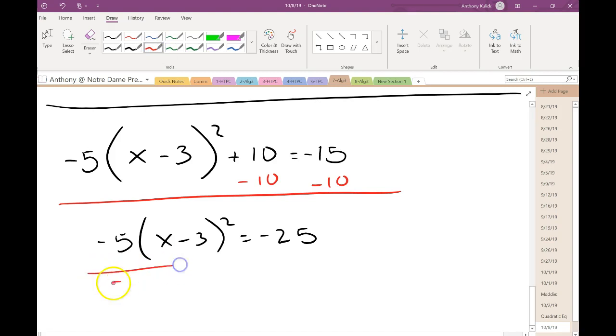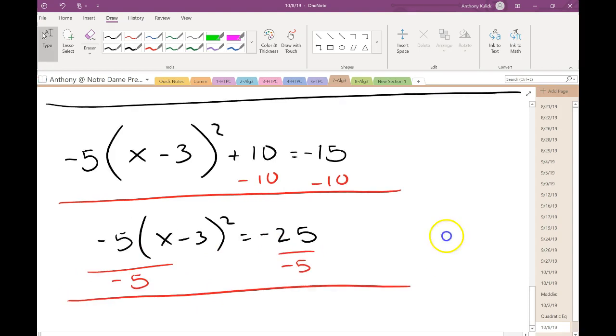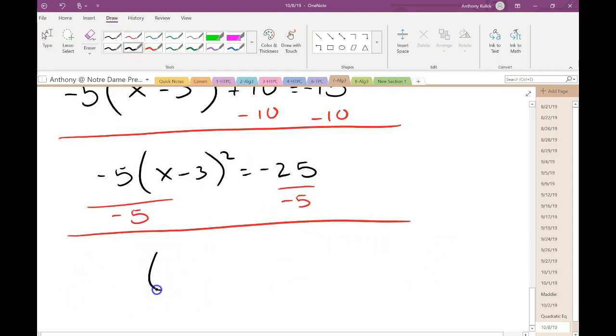We definitely don't want to FOIL this out or multiply this out or expand this out. The reason being, if we do that, we're going to end up with more than one kind of x and no longer be able to solve this directly. Everybody okay getting to here?